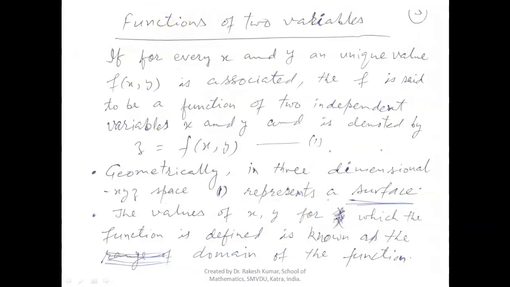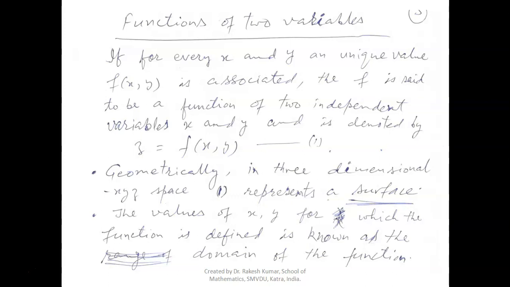Next, in your previous classes you have studied functions of only one variable. Now in this class, that is BTech first semester, and in this course we are mainly concerned with functions of two variables.